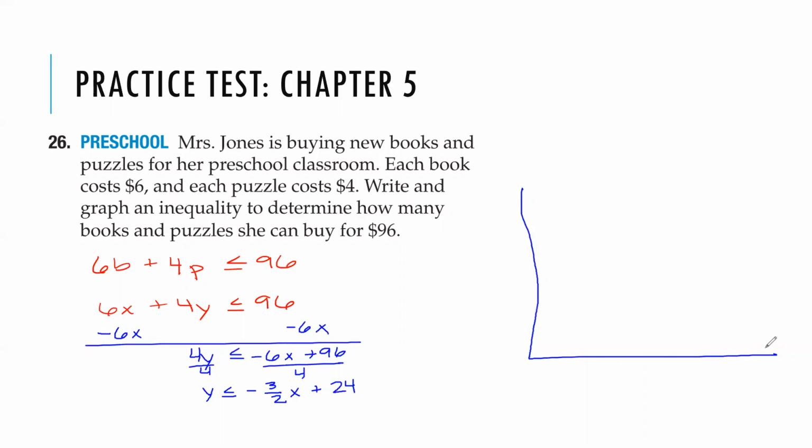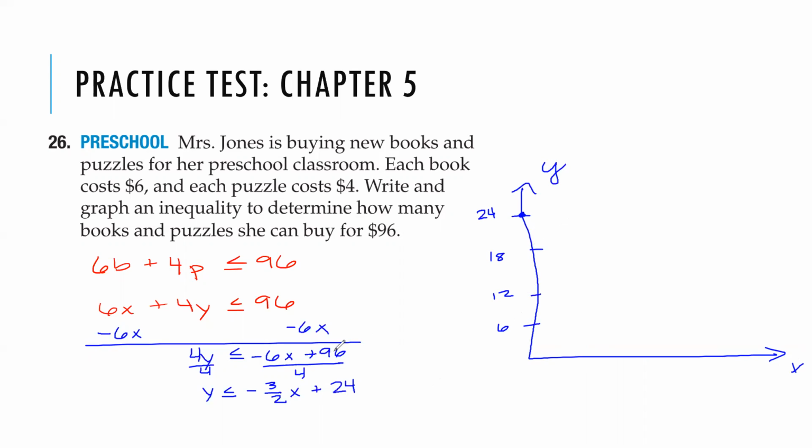So when I graph this, these are all positive values. This is my x, this is my y, and I have the y-intercept is at 24. So let's say this is 24, so I'm going to go by 6's here. So it crosses at 24.